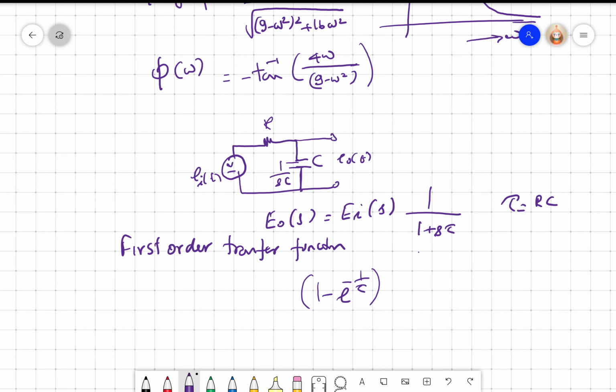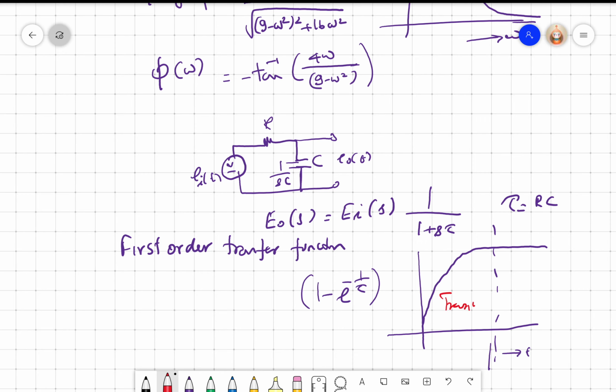If I plot this with respect to time, I will get something like this. So we call this the first order transfer function. We again have the transient phase here, and we have the steady state phase here, right?